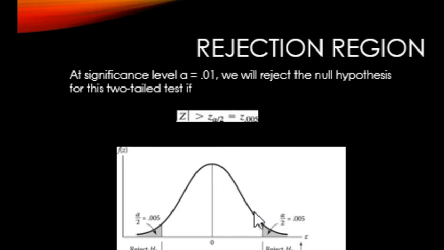If our observed value falls in this region, either one, then we will reject the null hypothesis. This corresponds to z values of 2.58 and negative 2.58. So if our observed z value is more than 2.58 or less than negative 2.58, we will reject the null. In this case, the z value is 4.03, which falls in the rejection region. So we will reject the null hypothesis.